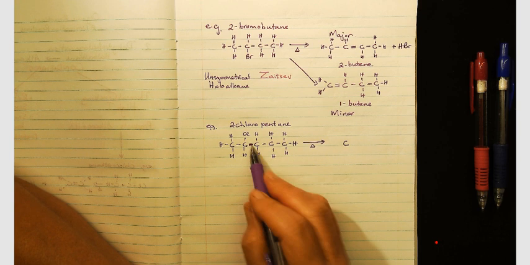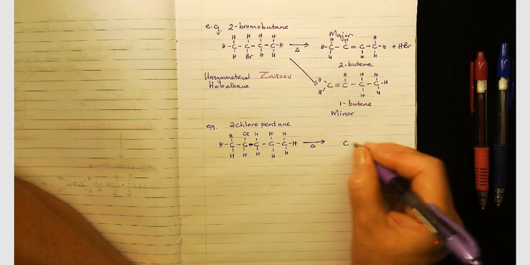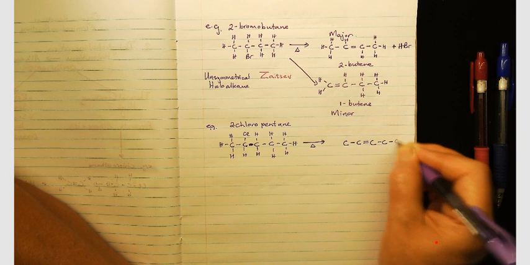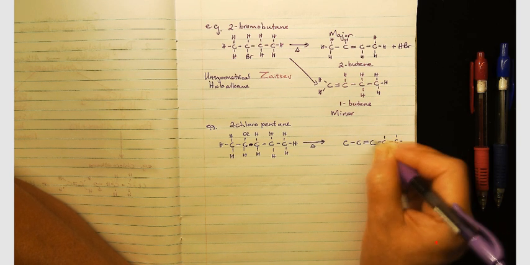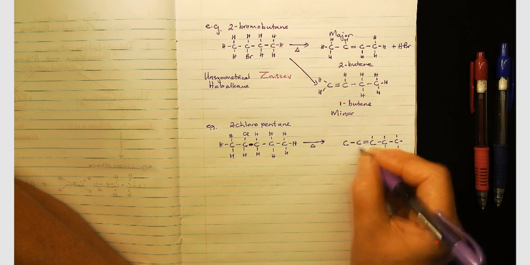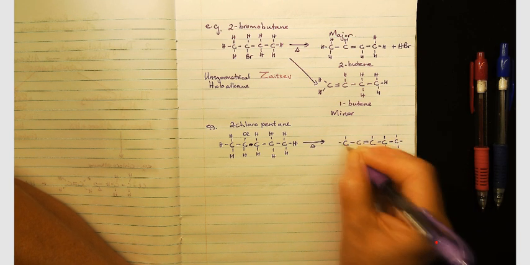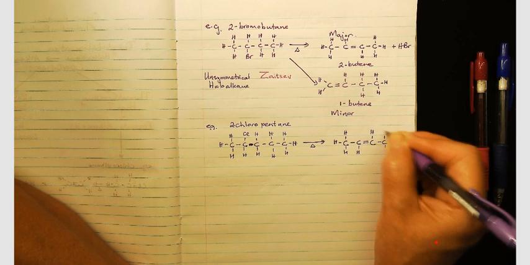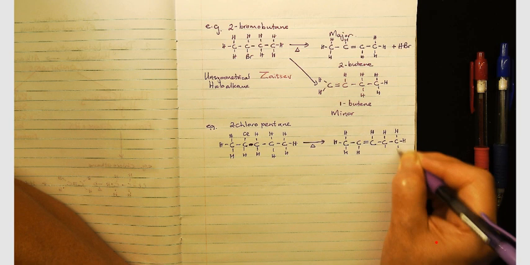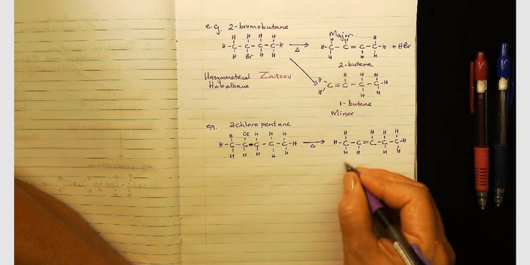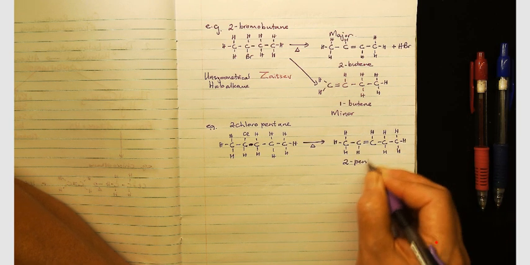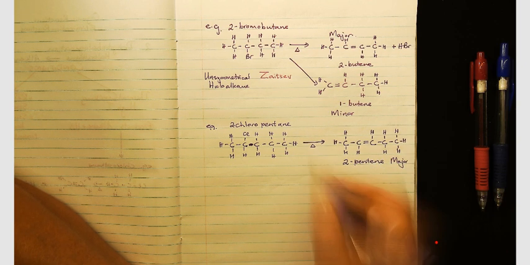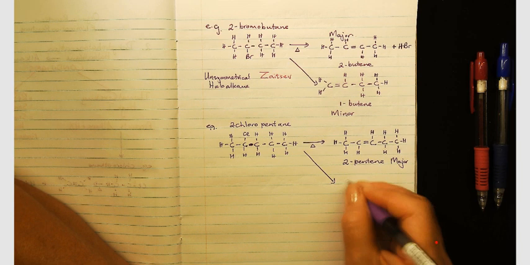And according to Zaitsev, the double bond will form between the second and the third carbon in this chain, as that carbon has fewer hydrogens than the first carbon with its 3 hydrogens. So this is the major product. 2-pentene is major, and the minor product would be 1-pentene.